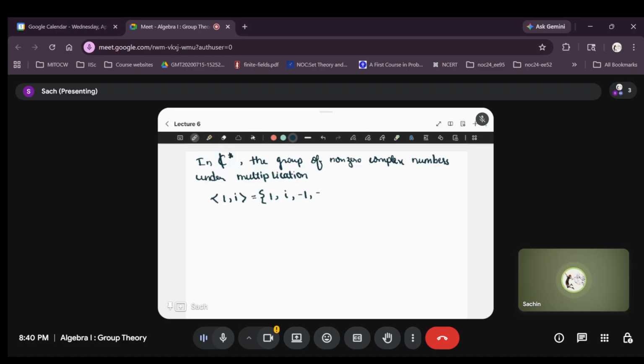Then i, and minus 1, and i cubed is i times i squared, which is minus i. So that's all you get under multiplication. But this is also generated by i itself.